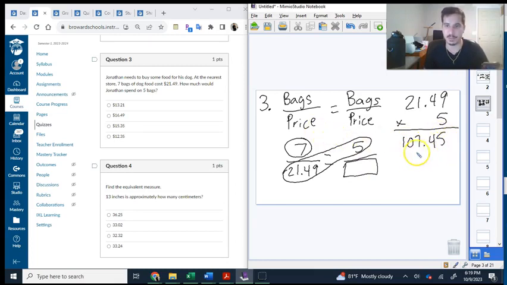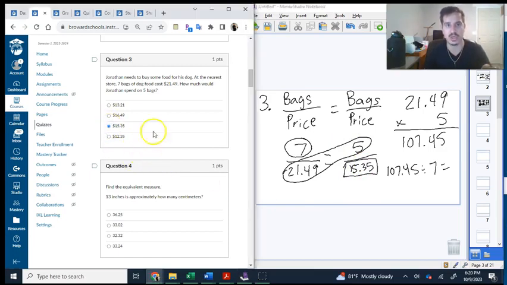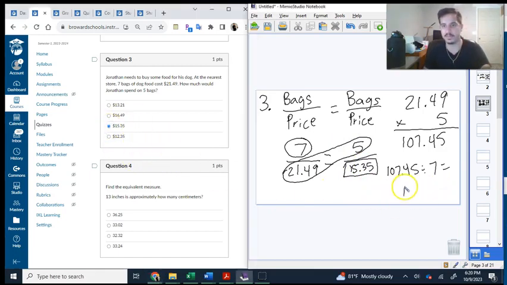Then I'm going to divide by the ball. Okay, so 107.45 divided by 7 equals, so just divide that by 7, and my answer is $15.35. That is how much 5 bags would cost. So I see it, boom, $15.35. All right. Let's look at number 4.